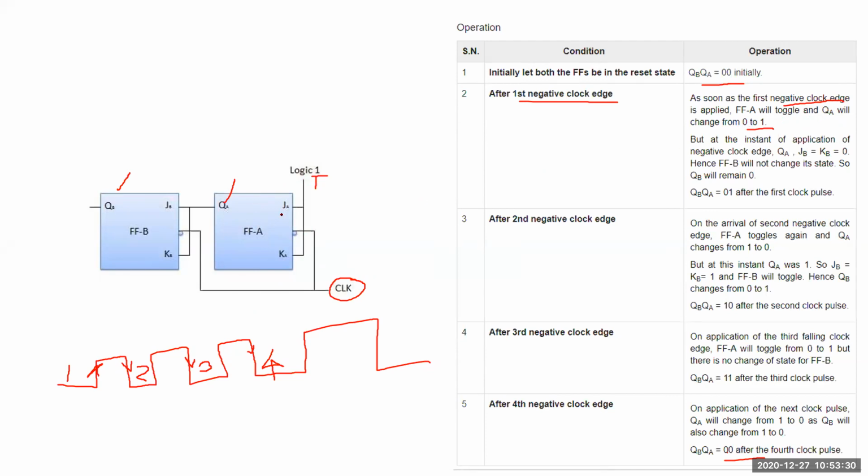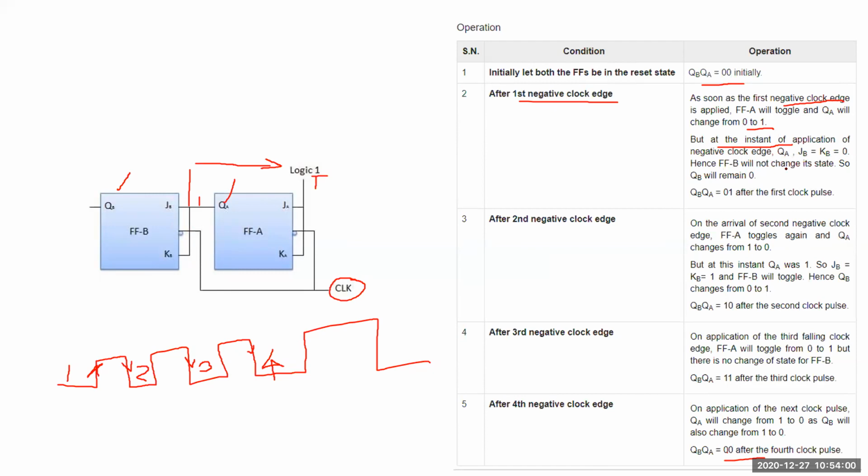Now, whenever the output changes from 0 to 1, that will become an input to this J and K. Here again, this input is connected to the same logic 1. So at the instant of application of this negative edge, what is happening here? For the second flip flop, its inputs J and K are 0.